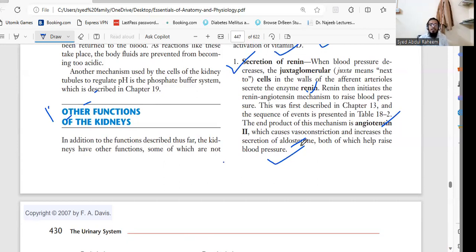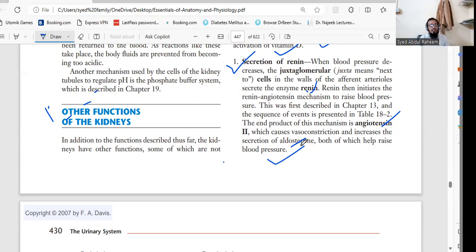Renin will activate angiotensin 1. Then angiotensin 1 will activate angiotensin 2, and it also activates aldosterone. With the help of angiotensin 2 and aldosterone, both will do vasoconstriction. Vessels will constrict and the blood pressure increases slightly.